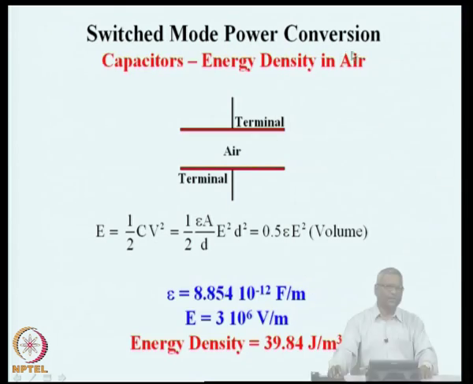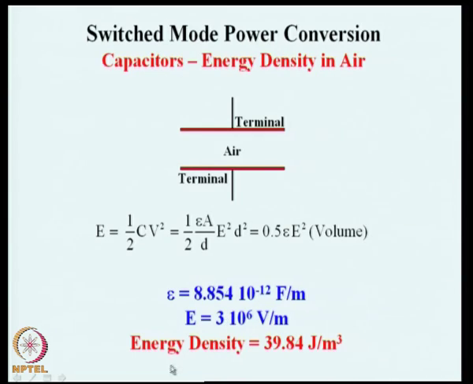In the case of air, if we wish to store energy in air, it is possible to set up a capacitor where air is the dielectric material. Air has a permittivity which is the same as free space permittivity, 8.854 times 10 power minus 12 farad per meter, and air can withstand a field intensity as high as 3 megavolt per meter, or 3 kilovolt per millimeter.